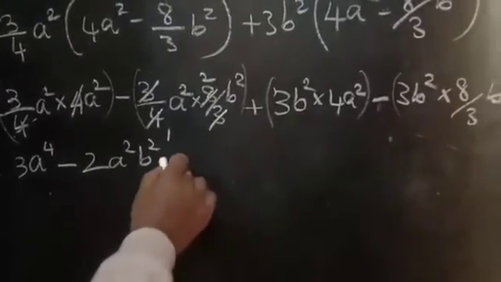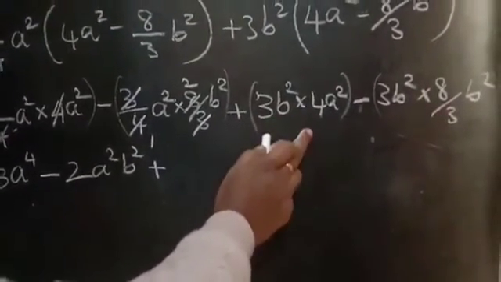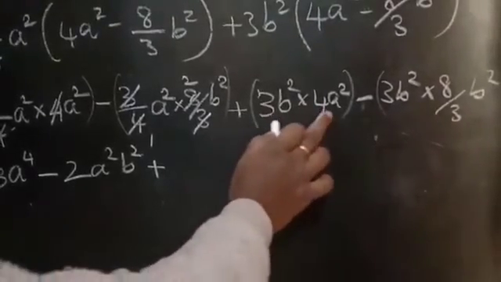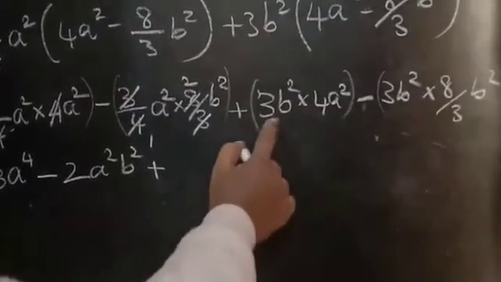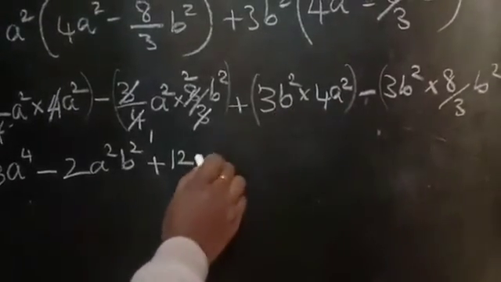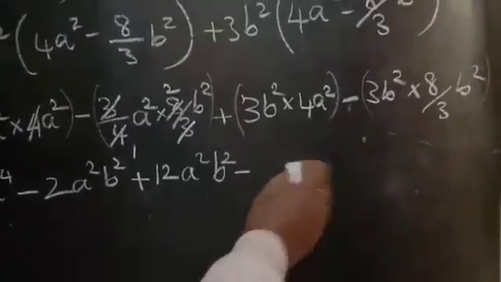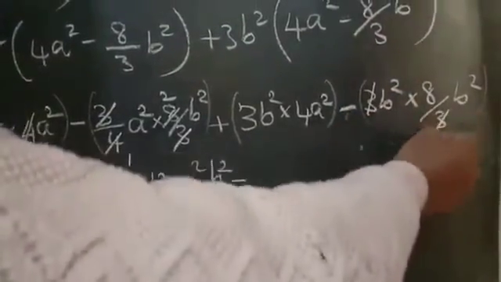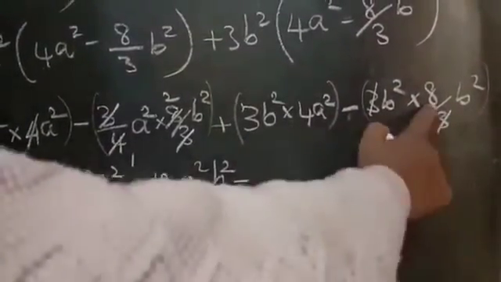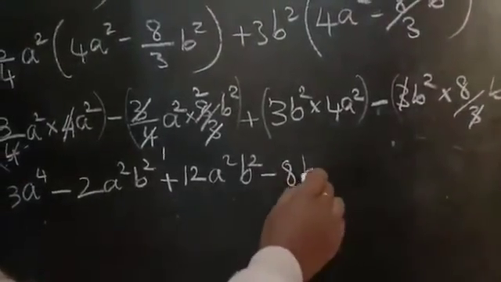Then here plus, there is no denominator and it gets cancelled, so we multiply the numerator. 3 4s are 12. So here a square into b square, minus; here numerator 3 and denominator 3 get cancelled. We have numerator 8, b square into b square, b power 4.